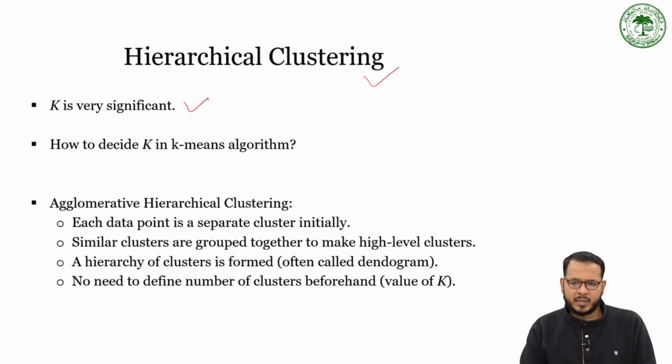There are two main types of hierarchical clustering called agglomerative clustering and divisive clustering. Agglomerative clustering is the most common approach. It begins with each data point as a separate cluster and then merges them into clusters at each step until all points belong to a single cluster.